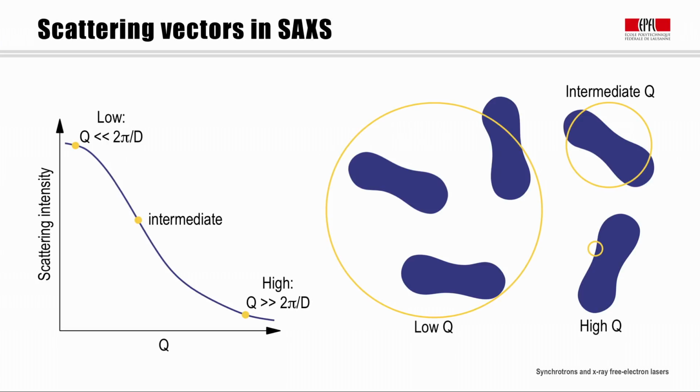Then there's the regions where q is larger than 2 pi upon d, and there is an intermediate regime. Now, the intermediate regime can provide information on fractal scaling in systems with nested characteristic scale lengths, and we will not go into details of this region here.